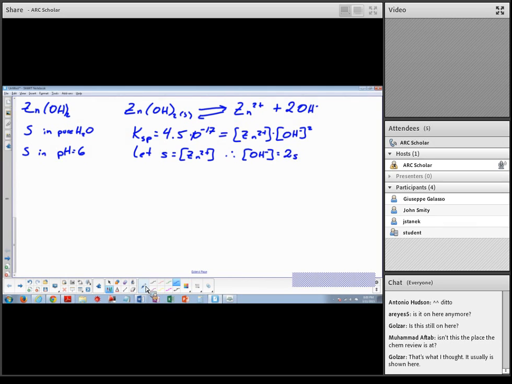Just from stoichiometry, we get 2 hydroxides for every zinc. So I can plug that back into my KSP expression. 4.5 times 10 to the minus 17 is equal to zinc times hydroxide squared. So that's going to be S times 2S squared, right? And that, of course, just breaks down into 4S cubed.